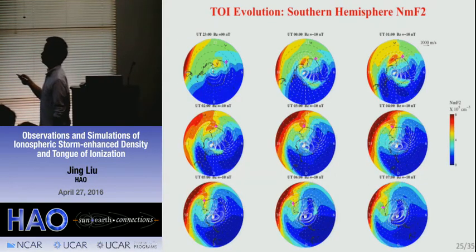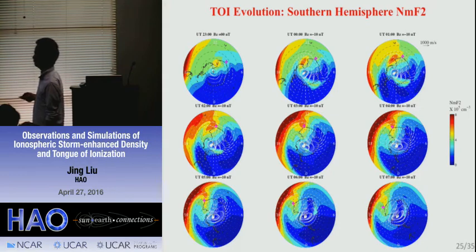Here is the TOI evolution for the southern hemisphere. The background is NmF2. We see that as time goes by, the magnetic pole and the two-cell convection pattern rotate anti-clockwise with respect to the geographic pole.